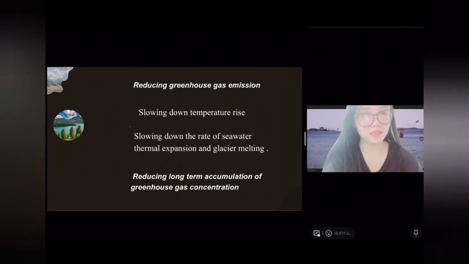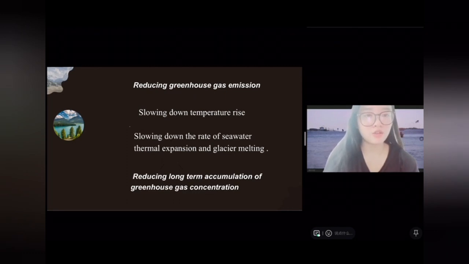Based on the analysis of my previous two classmates on the solutions to global warming causing sea level rise, I believe that the best solution is to reduce greenhouse gas emissions, because greenhouse gas can absorb and radiate the heat on the Earth's surface, forming a greenhouse effect.